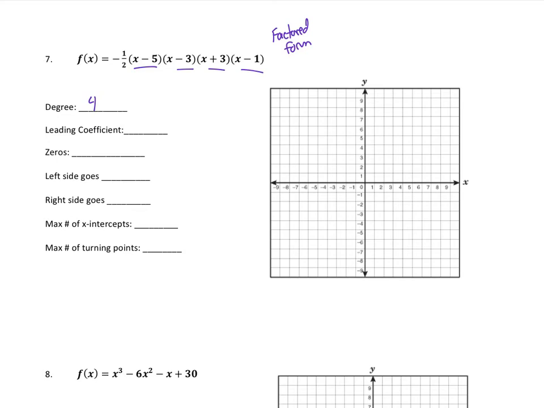The leading coefficient is negative 1/2, so it is an even degree, and it is negative. So our end behavior, it's going to go down to the left and down to the right. We're going to set each factor equal to 0 and solve it.